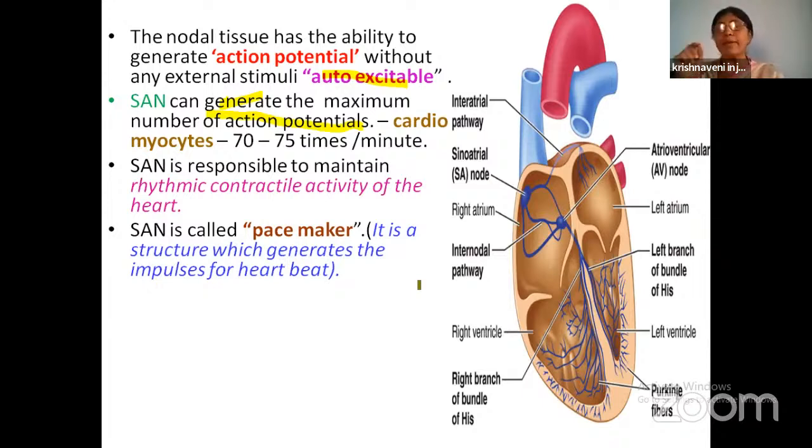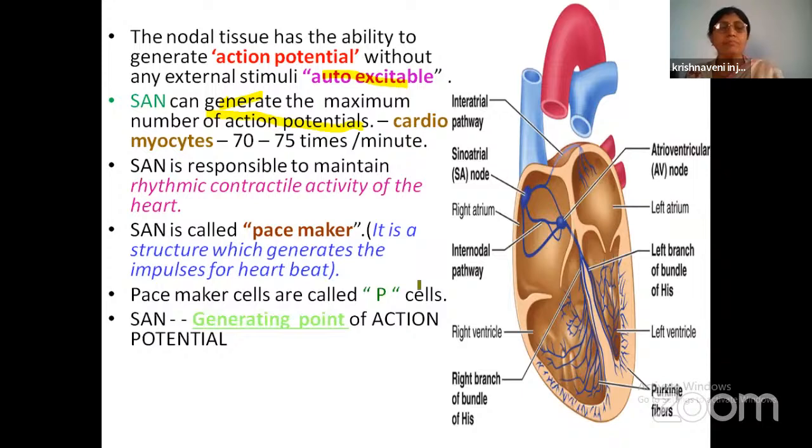That device is inserted if the SAN is not functioning properly. Pacemaker cells are called P cells.